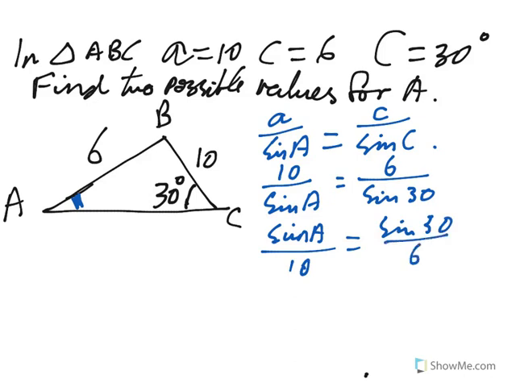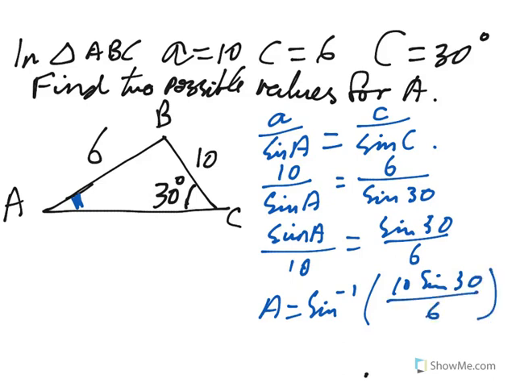We're rearranging, then A is sine minus 1 of 10 sine 30 on 6. And when you do that, you get 56 degrees and 27 minutes. Okay, so that's one of the angles.